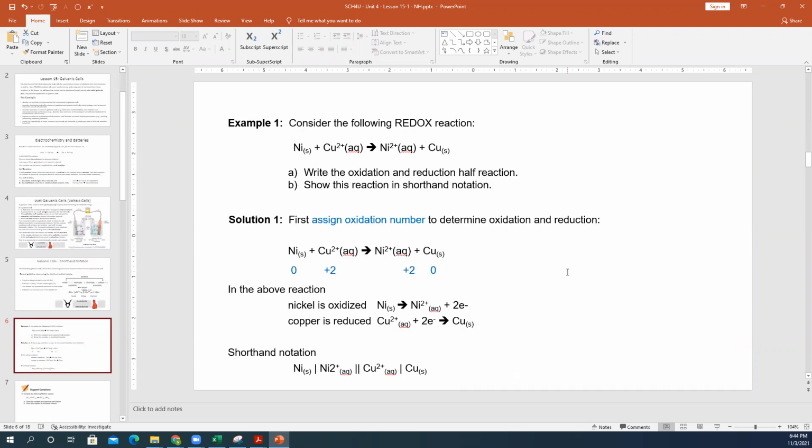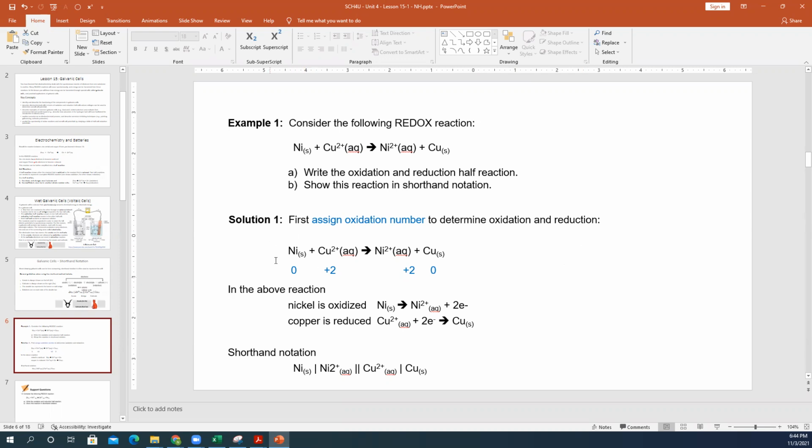So for example, if you're given this redox reaction and you're asked to write the oxidation and reduction half reactions, and then you're asked to show this reaction in shorthand notation. The first step we want to do is to assign oxidation numbers, which we learned how to do in our previous class, to determine the oxidation and reduction reactions.